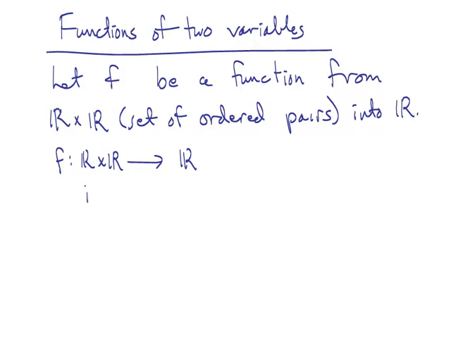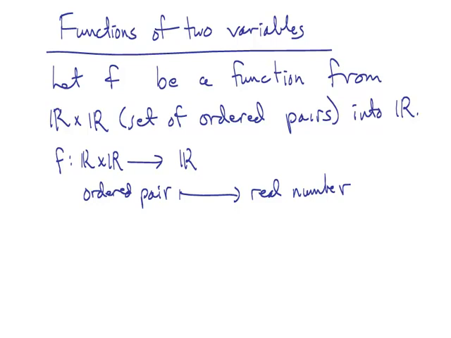An ordered pair gets sent to just a single real number. And that's just the basic idea of what we mean by a two variable function.